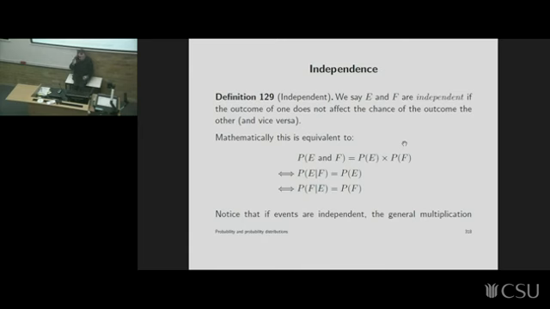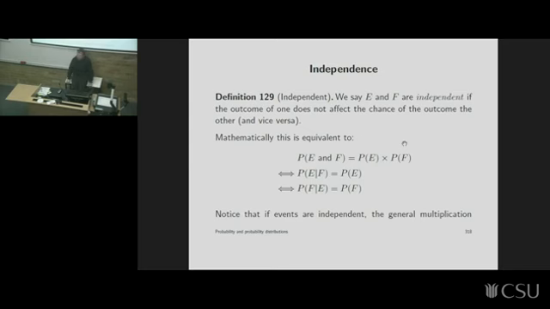Mathematically, it's defined by any of those three rules just given there. The top one is the easiest to use: the probability of E and F is given by the product of the two probabilities. So that's what it means mathematically, but in practice it means the outcome of one doesn't have an impact upon the outcome of the other.